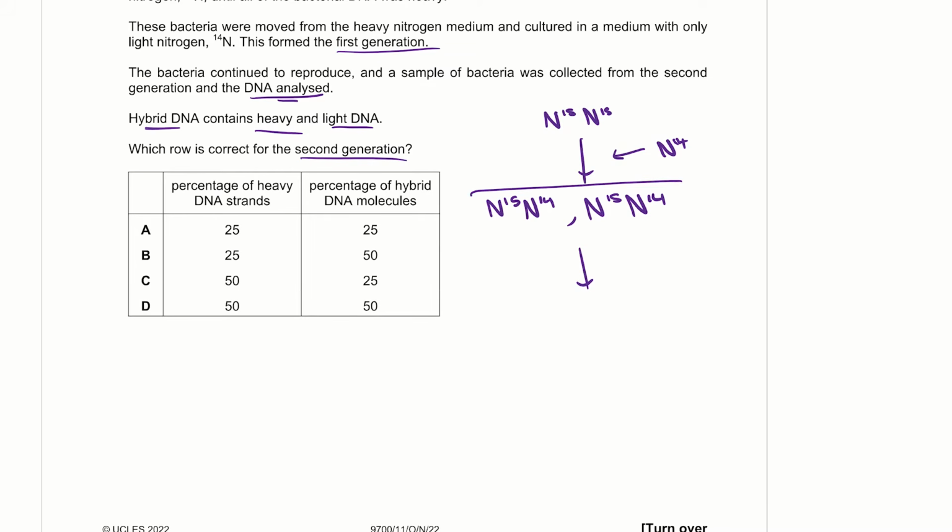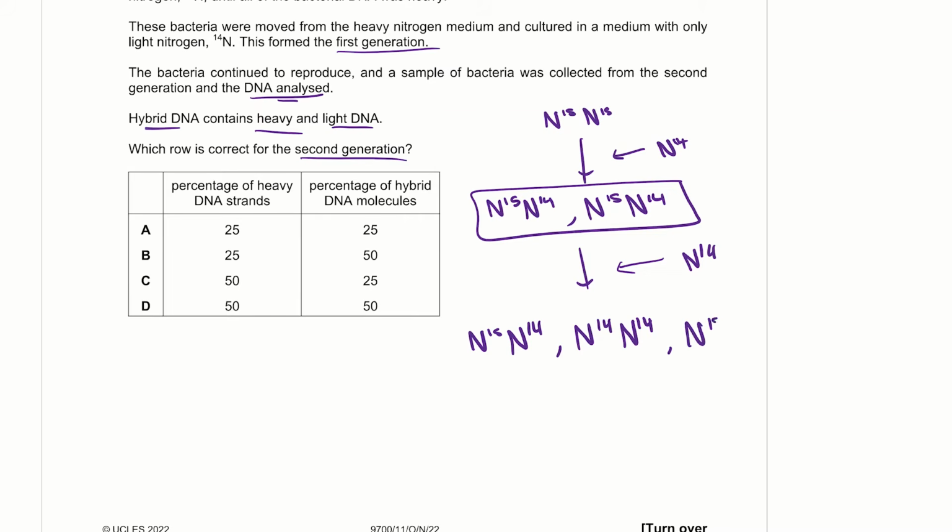Now, this is our first generation. Now, let's move on to the second generation. We're introducing more N14. Now, what's going to happen is that we're going to have 4 different DNA. So we're going to have N15, N14, N14, N14, N15, N14, and lastly N14 and N14.